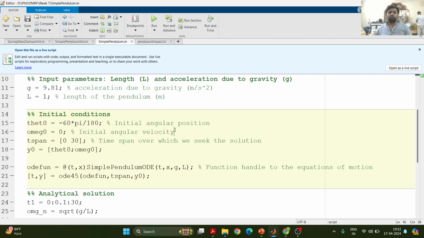And then for the ODE45 solver, we need to provide the syntax in this form. We need to define a function which gives the system differential equations, and the differential equations should be in the state space form.